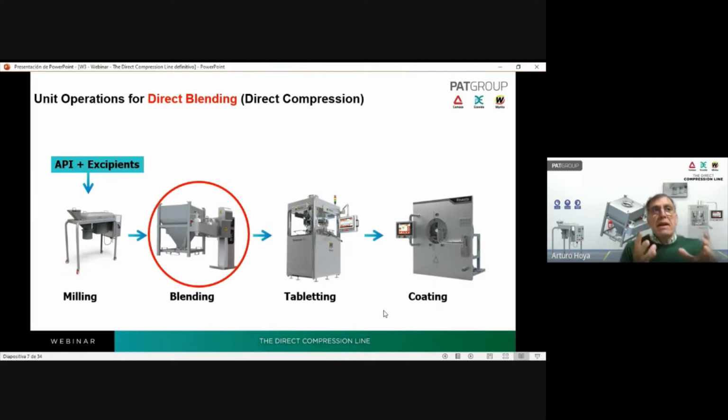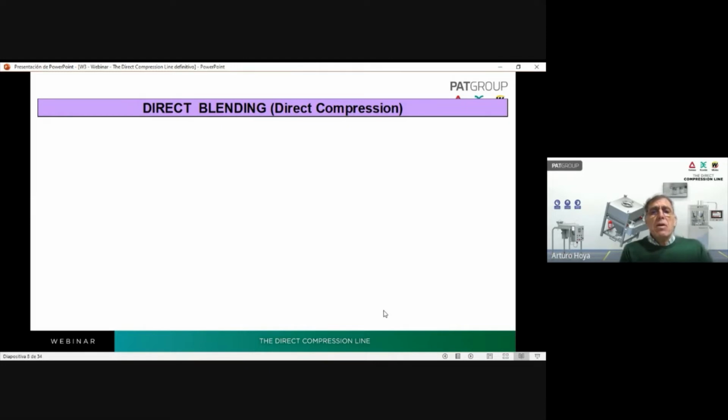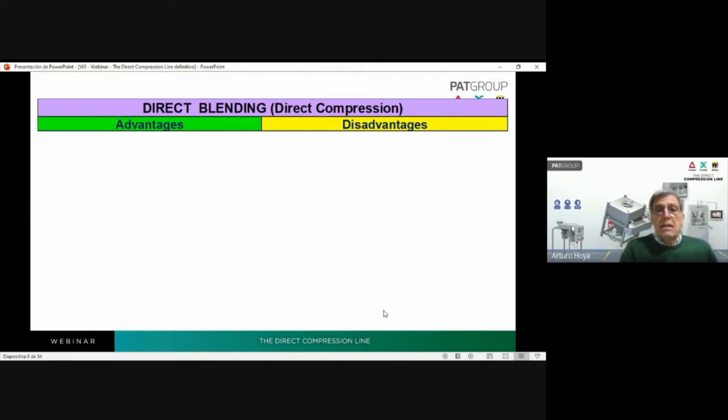This is a typical characteristic of direct blending. Well, direct blending has a lot of advantages and also some disadvantages. I want to show you some of them. For example, of course, simplicity is the most obvious.